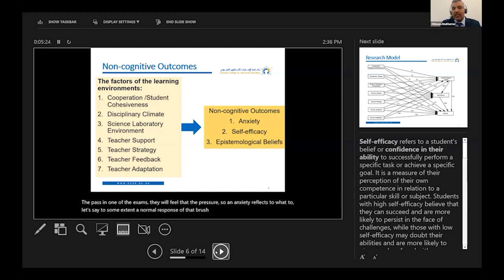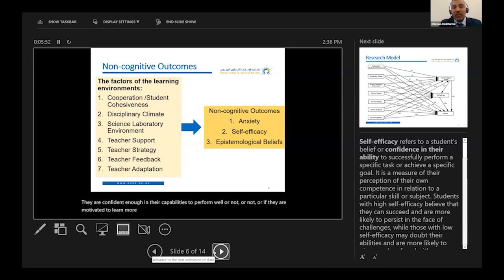However, this anxiety level could increase based on specific circumstances that a teacher or even students are exposed to. Self-efficacy reflects the confidence of students, whether they are confident enough in their capabilities to perform well or not, or if they are motivated to learn more.